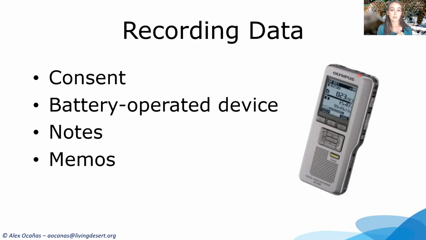Or maybe you're noticing that people are having problems with that question, or that it's not producing the data that you wanted. Or maybe you're noticing that the interview is too long and you need to cut one of the questions out. These are methodological notes. You can put those in your memos, and as you go, it'll help you make decisions about the rest of your data collection process.